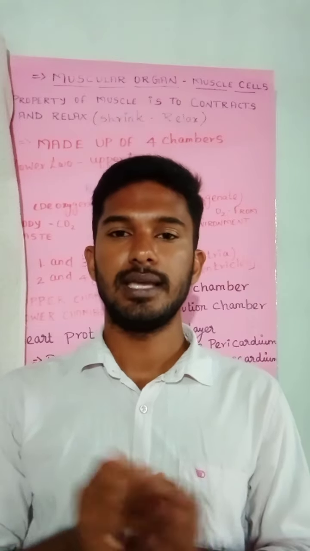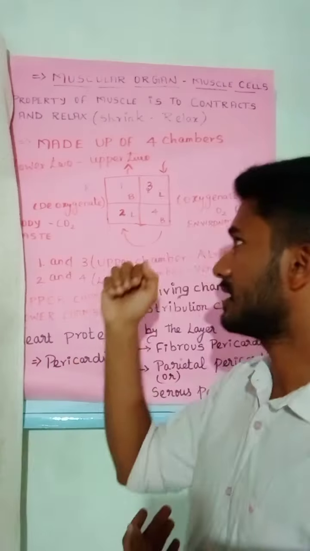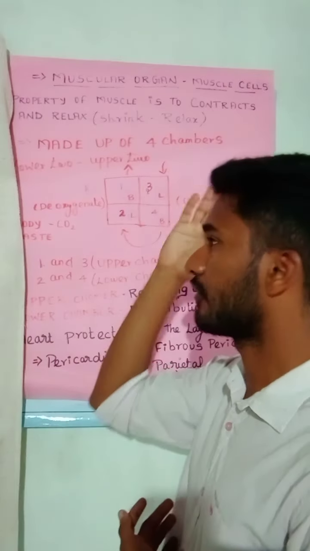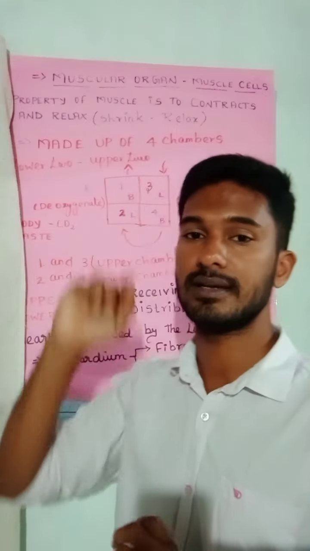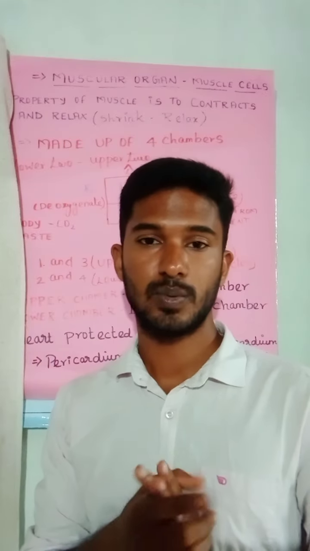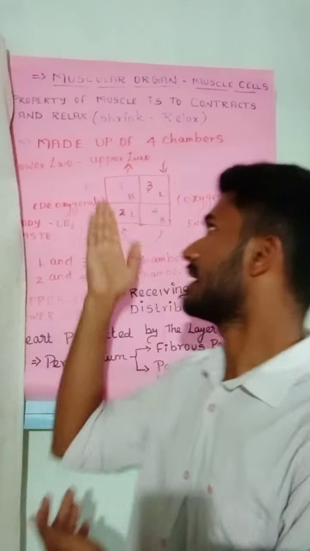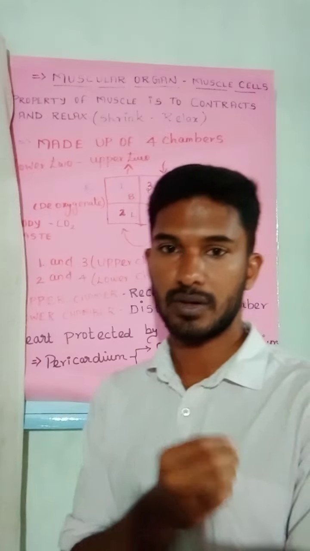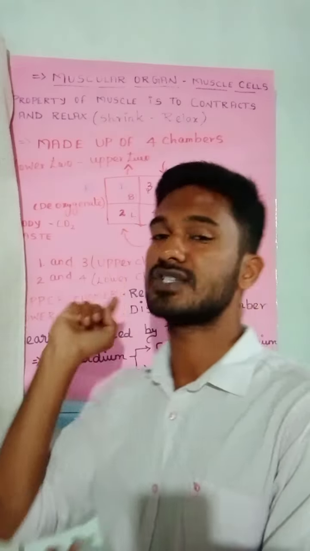Again, our heart is divided into 2 divisions, that means right and left. Why are we dividing the heart in this manner? Can anybody say why? Because the right side of our heart is dealing with deoxygenated blood.